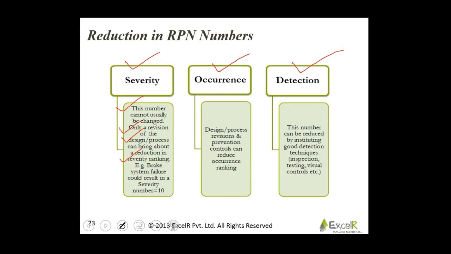Look into occurrence. Design process revisions or preventive controls can reduce the occurrence rating. Detection, how can you reduce that? This number can be reduced by instituting a good detection technique, probably a good inspection process, a testing or a visual control, which will help me detect the problem easily.